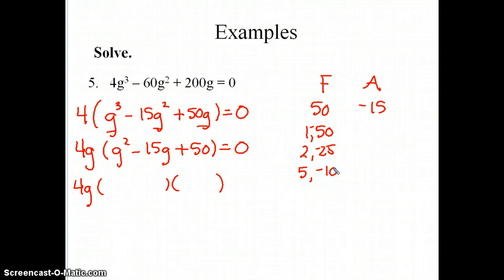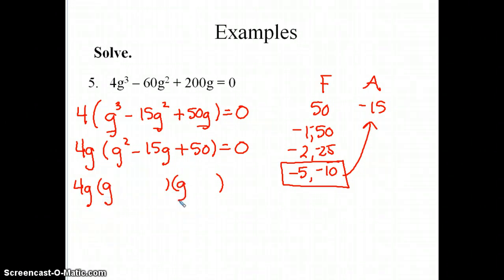Now, when I have my negatives here, I still need a positive 50. So I actually have negatives on both: the negative 1 and 50, the 2 and the 25, and the 5 and the 10. So now when I look at those three factors, I end up with negative 5 and negative 10. Those two add to negative 15. So I come over here, I start out with my g, and I have a minus 5 and a minus 10.